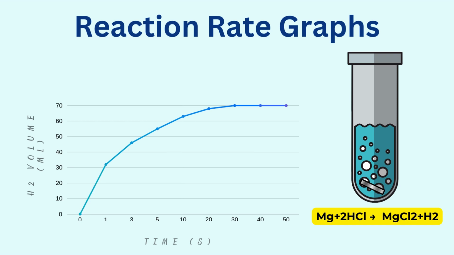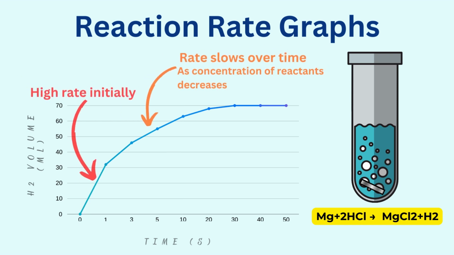Notably, the initial stages have a very high reaction rate, progressively tapering off over time. This phenomenon correlates with the diminishing concentration of reactants, initially abundant, but gradually depleting as they undergo conversion into products. The conclusion of the reaction is marked by a plateau in the graph, indicating the cessation of further product formation.